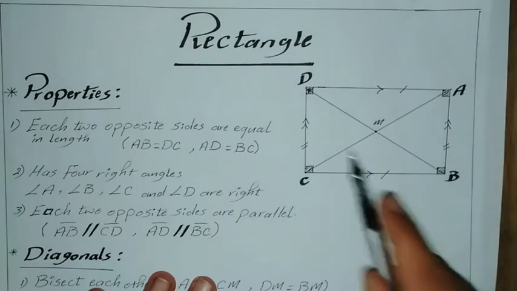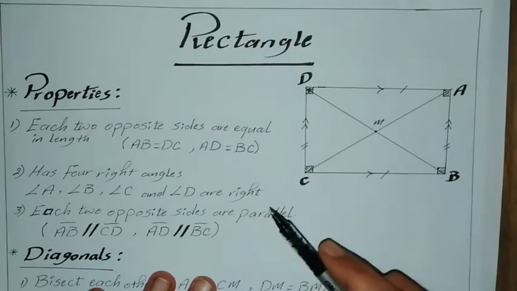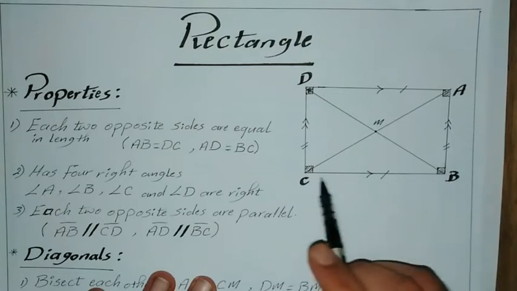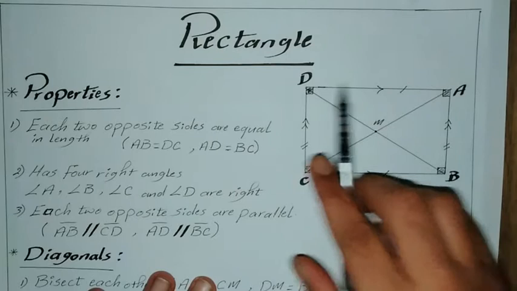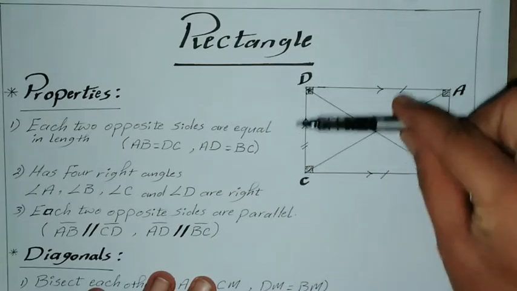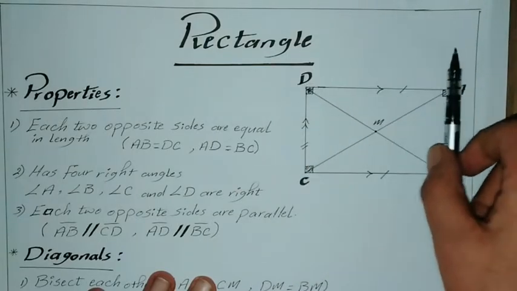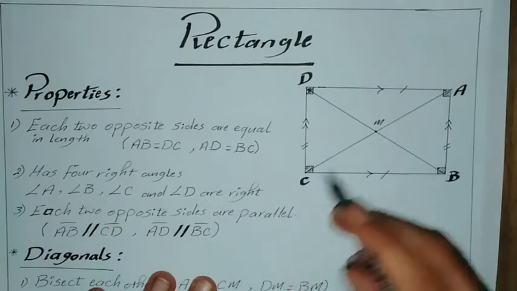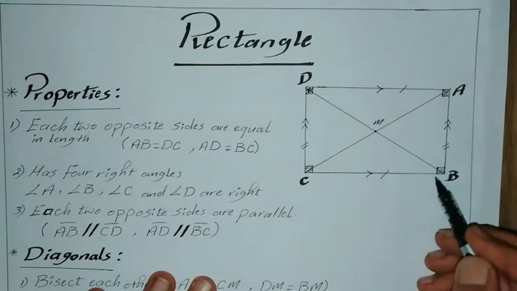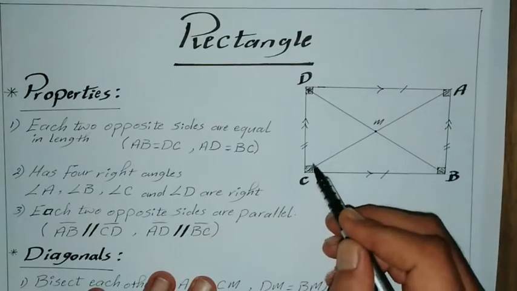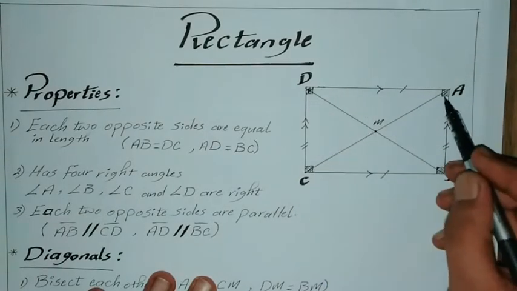AB is equal to DC and BC is equal to AD. And it also has 4 right angles.